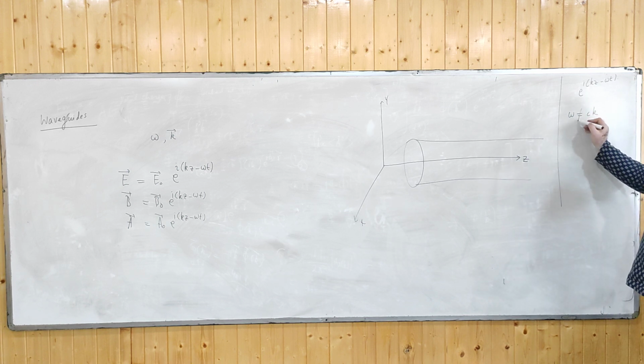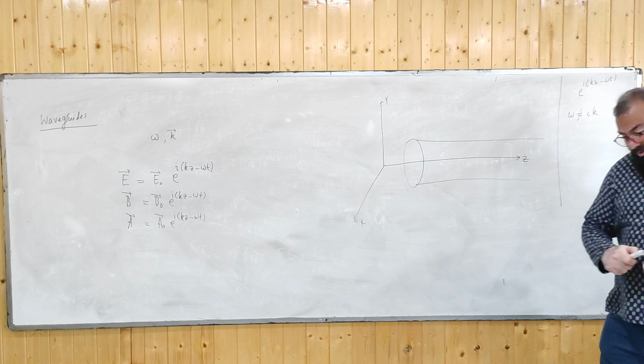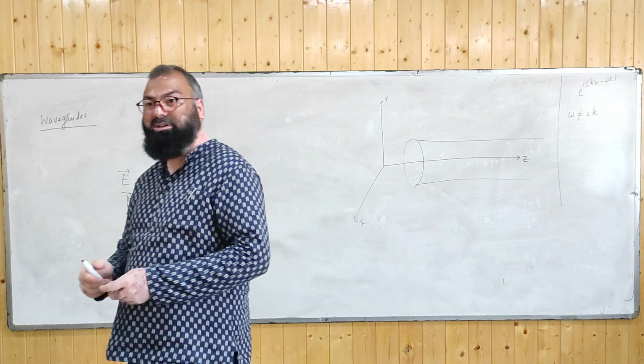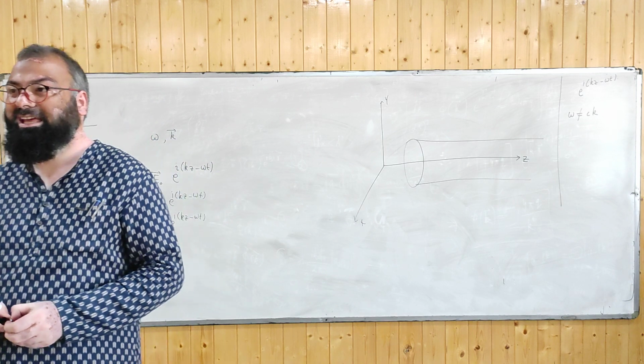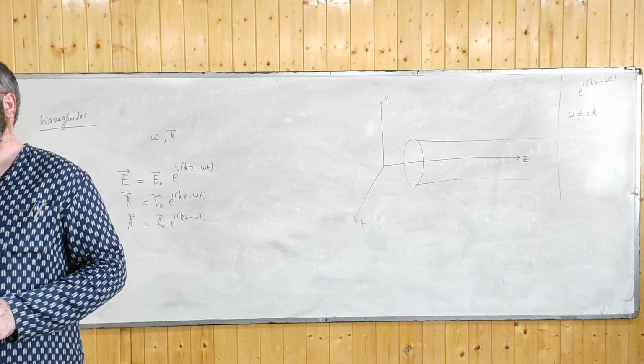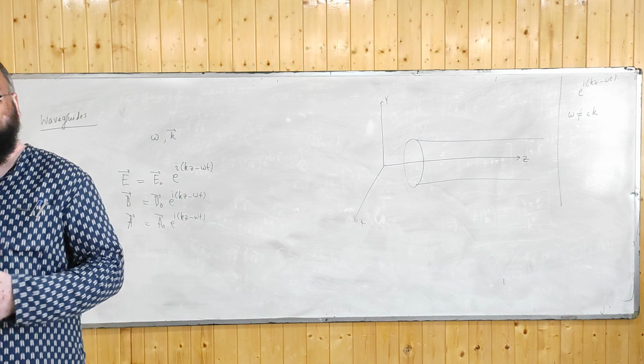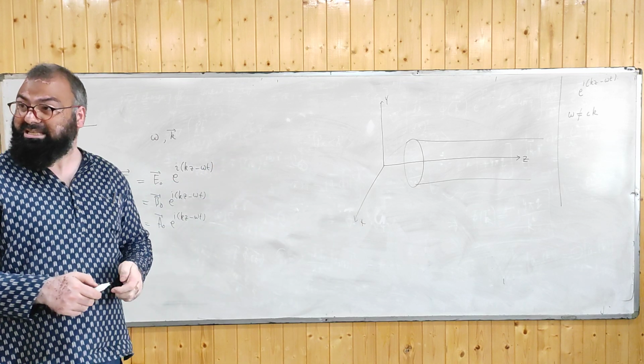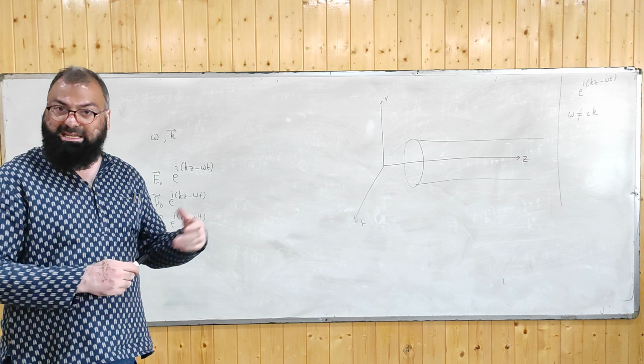No. Because when a wave passes through a medium, the speed will change. It will not flow through this medium at the same velocity as c. Clear? It will be lesser than c.